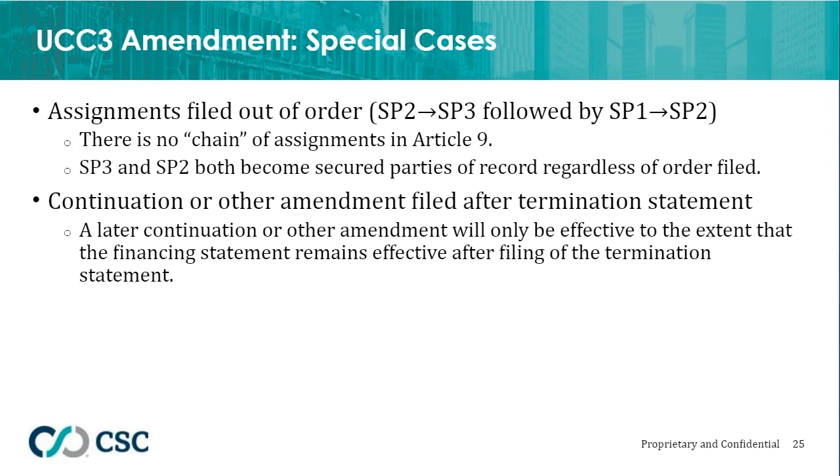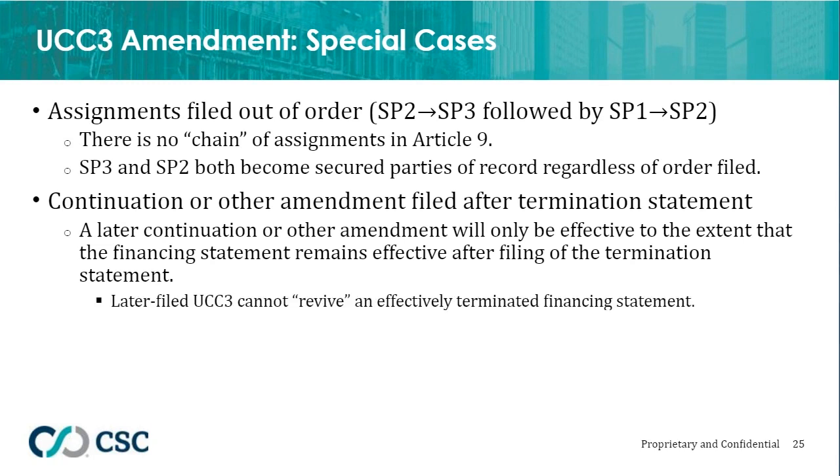In other words, if the termination was fully effective and the financing statement ceased to be effective, then the continuation or other amendment really has no effect on the effectiveness of the record. You simply cannot revive a financing statement that's been effectively terminated by filing another amendment.